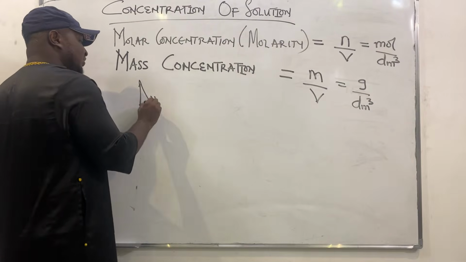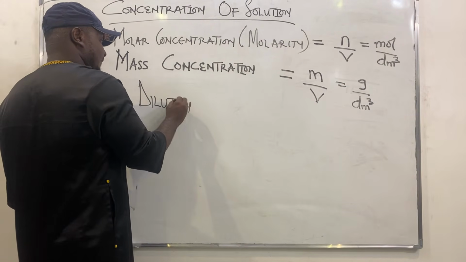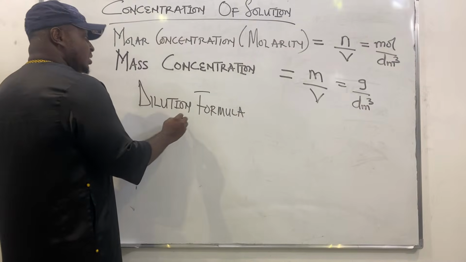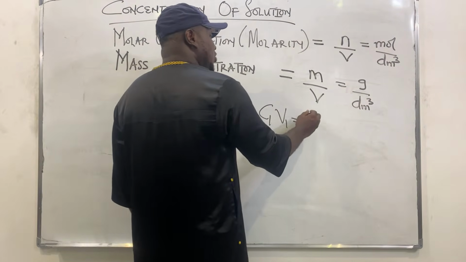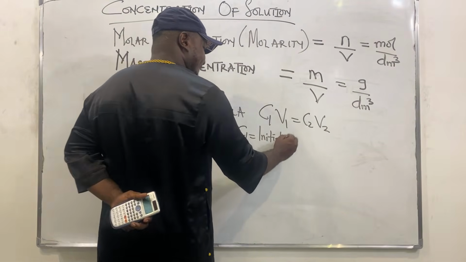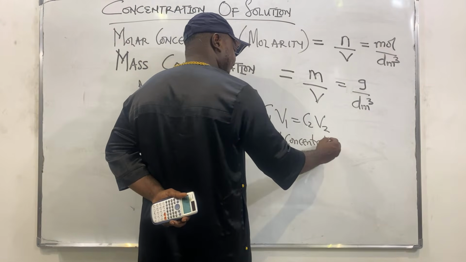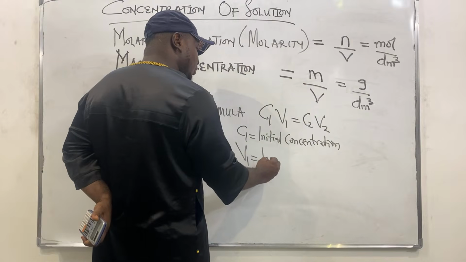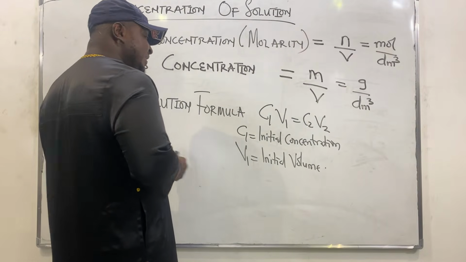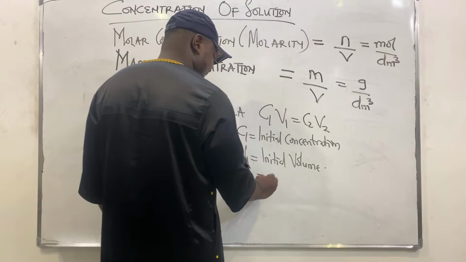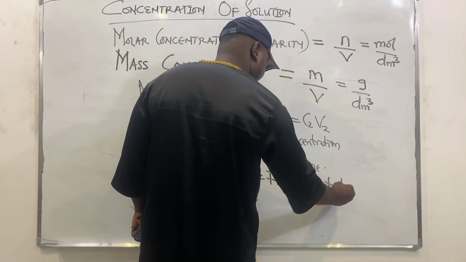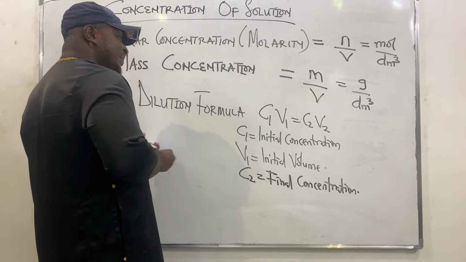Class, the dilution formula says C1V1 equals C2V2, where C1 represents initial concentration, V1 represents initial volume, C2 represents final concentration, and V2 represents final volume.